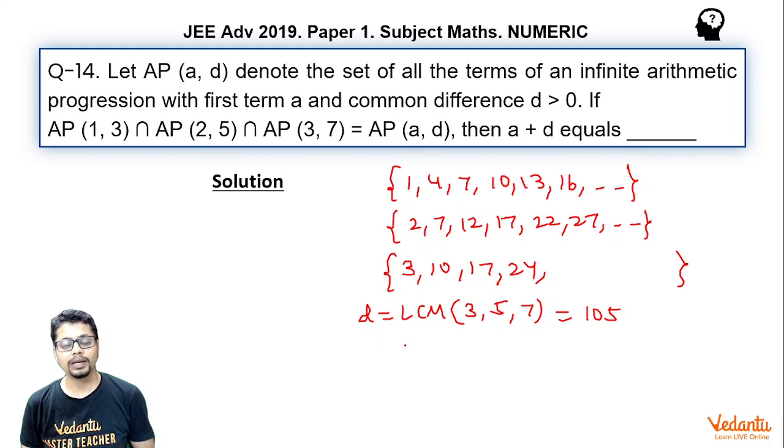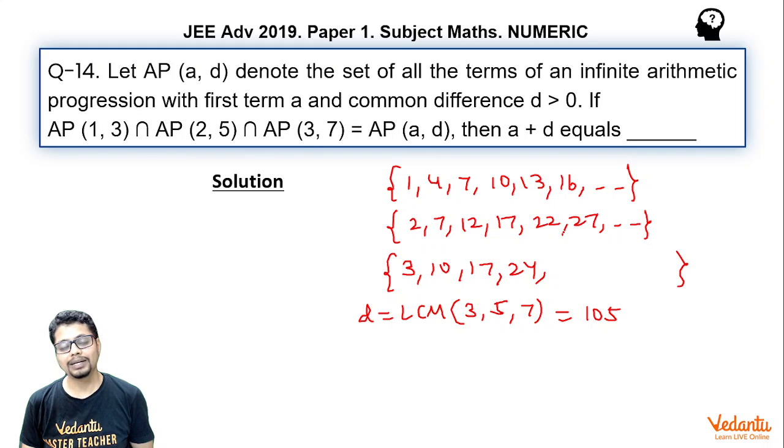Now what about a? One way to find a, which is the first common term between these three sequences, is to write the terms until you come across a common term. Alternatively, you may observe that the first sequence has terms which when divided by 3 leave remainder 1, which is obvious, but good to note.